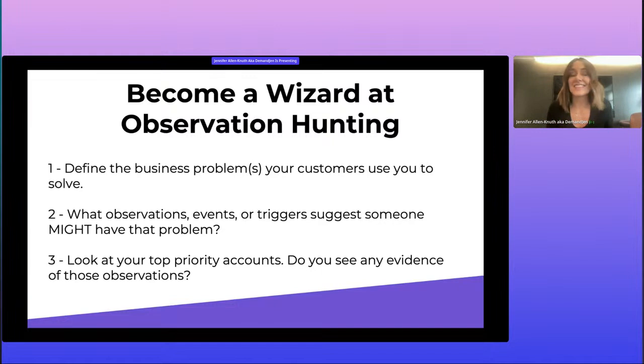First and foremost, again, this sounds so stupid simple, but it's rarely done. We have to explicitly define the business problems that customers use us to solve. The key here is to go beyond the surface. Let's say I sell forecasting software: what business problems does my customer use me to solve? Inaccurate forecasts is the most surface-level answer.